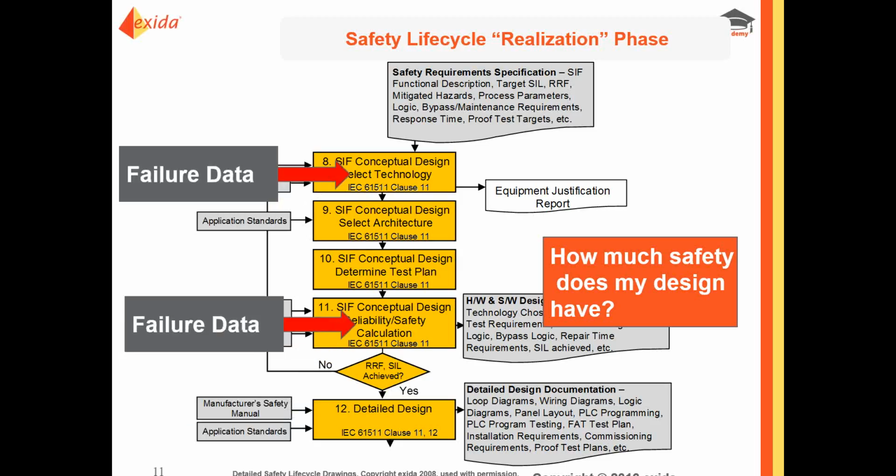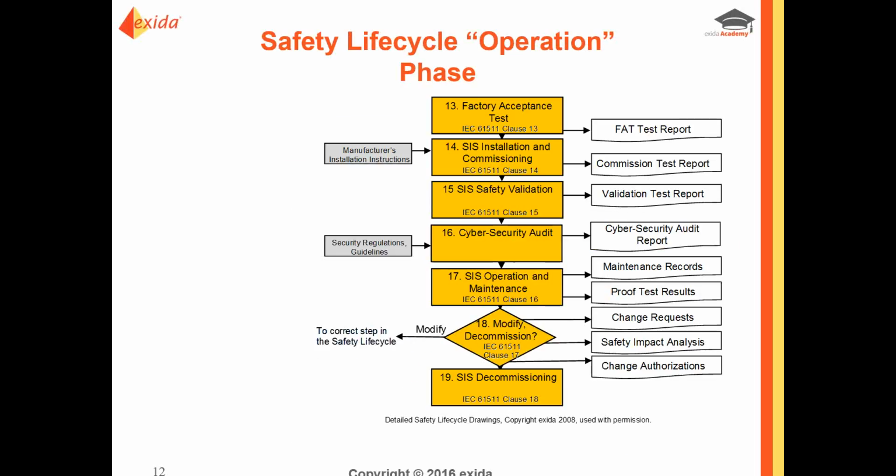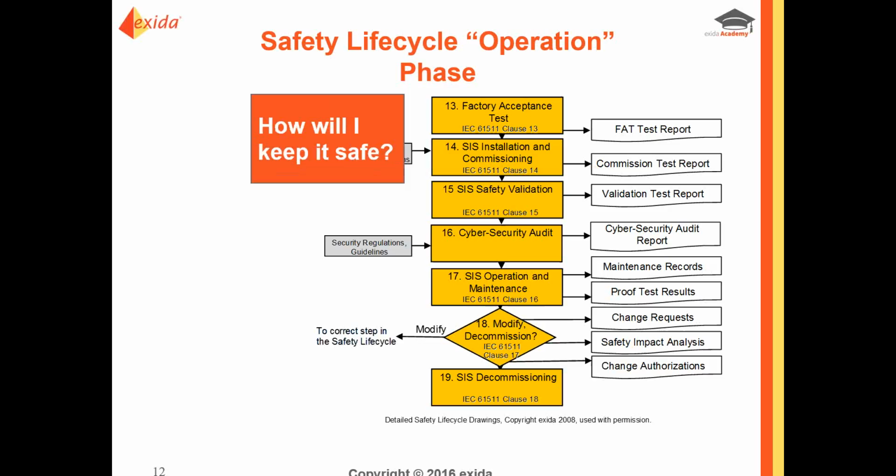We also need failure rate data even in pre-selecting components often, because it's one of the key variables involved in picking one particular device versus another. In the operation phase, where we're answering the question, how will I keep it safe? That's where we can gather really good, effective, high-quality failure rate data if we do it right.